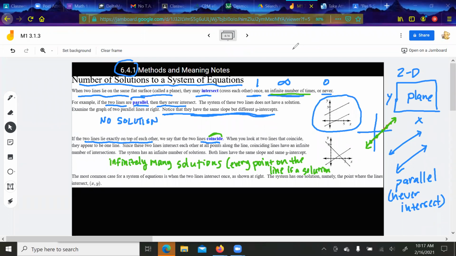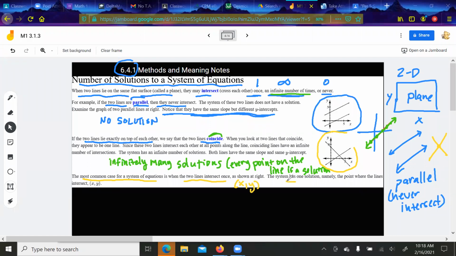And then lastly, we have this case here. The most common case for a system of equations is when the two lines intersect once. So that would be this situation right here. You have line number one, line number two, and they intersect at one point. So this has one solution. Wherever they intersect is our XY solution.